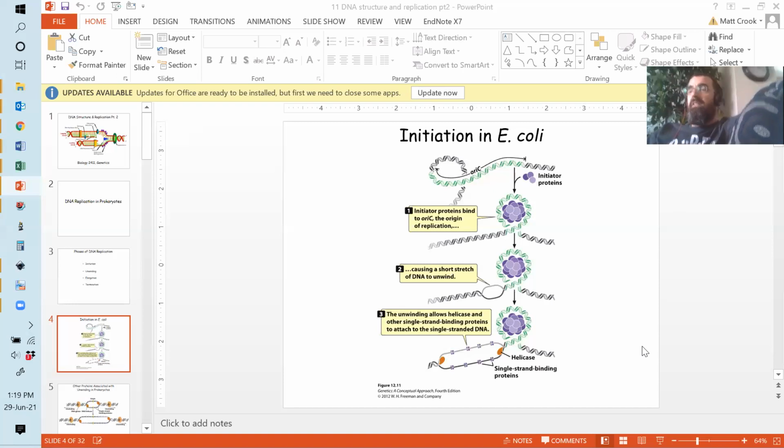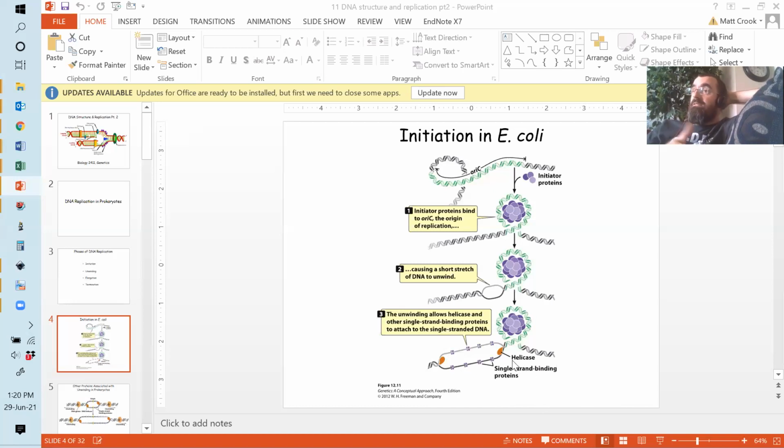So once that DNA pops open, it's going to want to go back together again, right? It's literally like a series of fridge magnets, or a magnetic zipper, which I'm not sure is a real thing, but it sounds like a cool idea. And so now we have other proteins, single-stranded binding proteins.